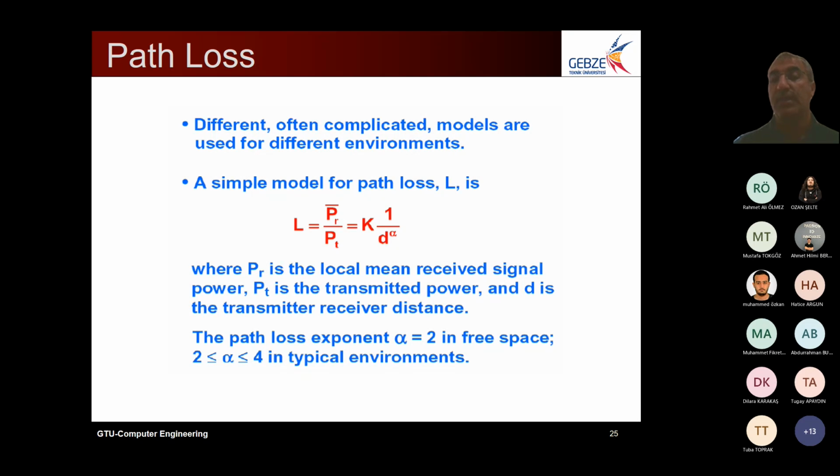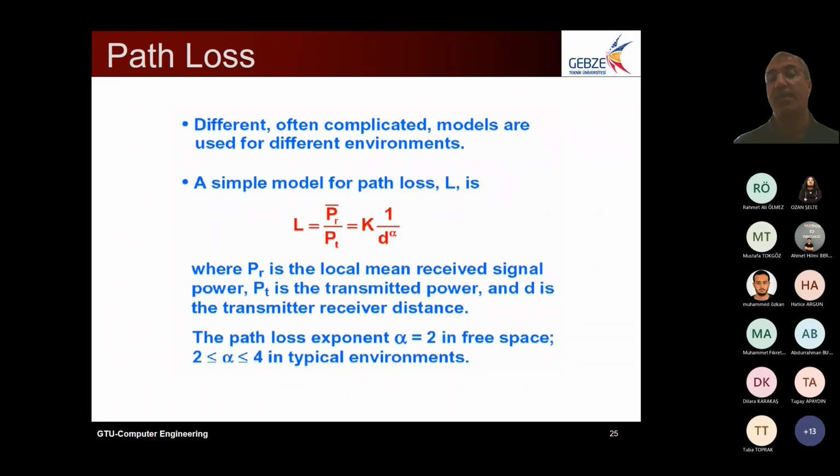D is the distance between the transmitter and receiver. K is a constant that consists of many effects such as the transmit antenna gain, receive antenna gain, and so on.